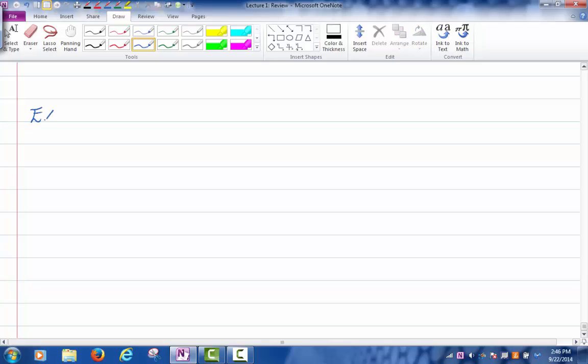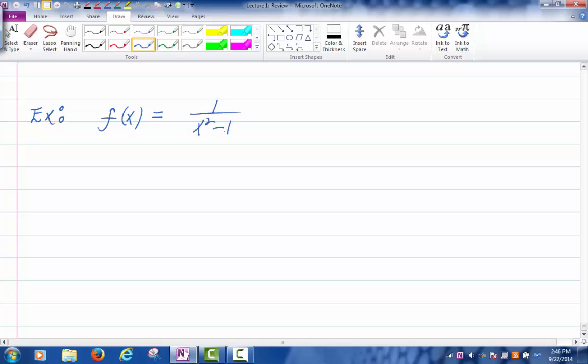Okay, so here's an example. Let's say I have the function f of x equals x plus 3 over x squared minus 1.